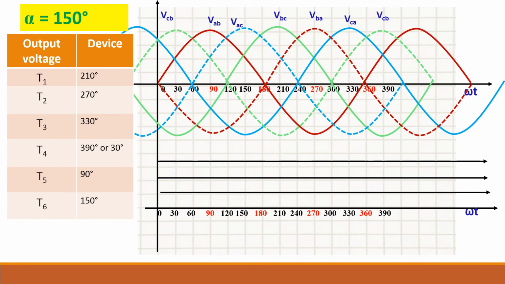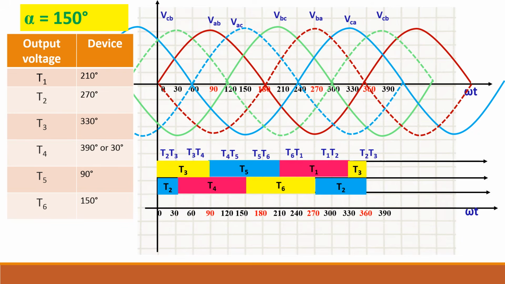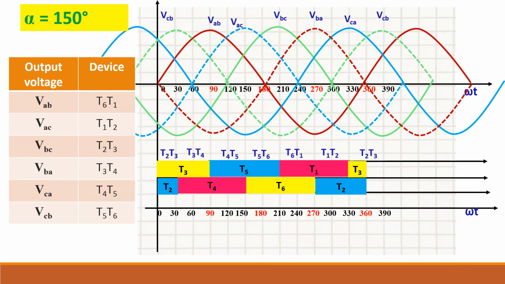Next we will do for alpha equal to 150 degree. So fill up this table. So this is the starting period for each device. T1 starts at 210 degree here. So now let me take one example, T1 and T6. T1 and T6 output should be VAB. VAB is this brown color waveform.